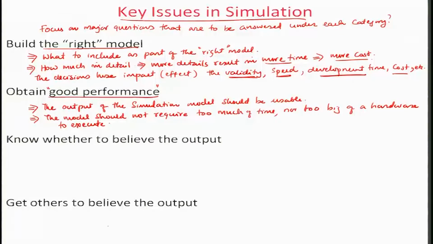So, you should not require too much time to do the experimentation with the model, nor should you require too expensive a hardware to execute the model. So, it should be a balanced performance. So, good performance, or you can think about it as a balanced performance. That is what you are more interested in this aspect, obtain a good performance on the model.